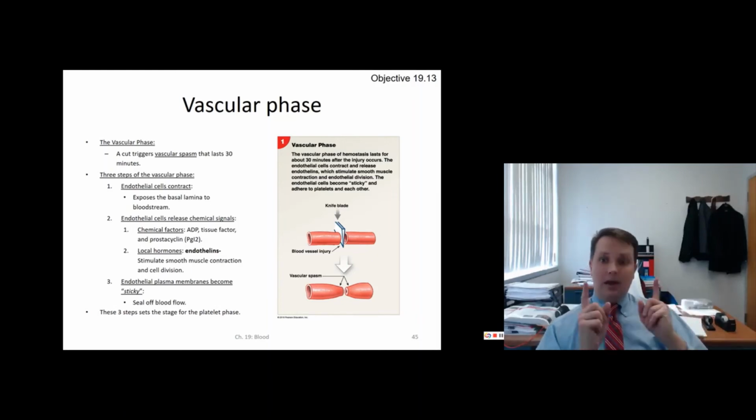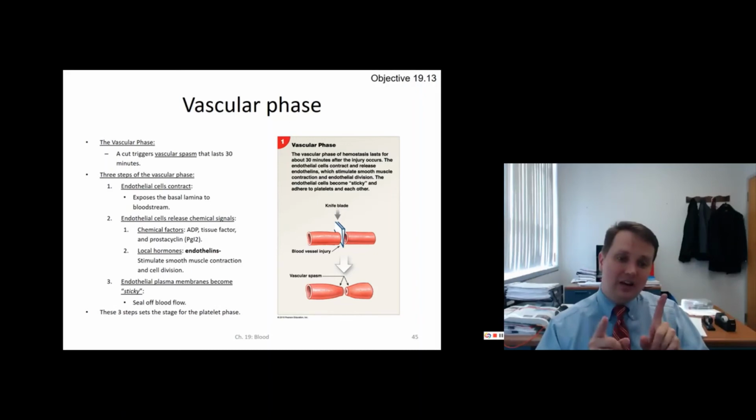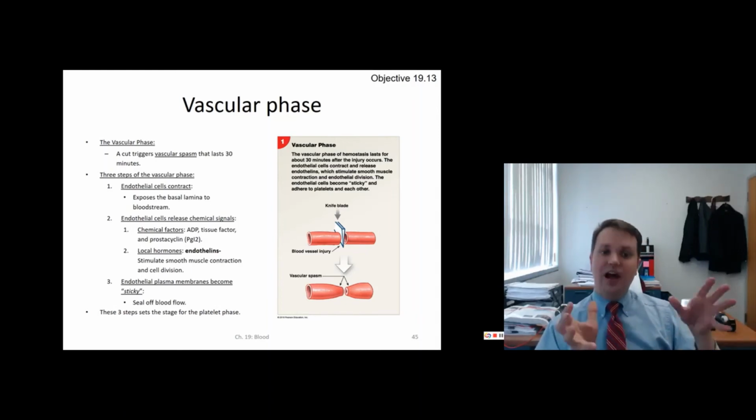Now, if you go into healthcare, these endothelial cells, when they're damaged, produce a molecule called von Willebrand factor. And you probably will hear about this in healthcare programs. That's when it gets sticky, that's what it's making.